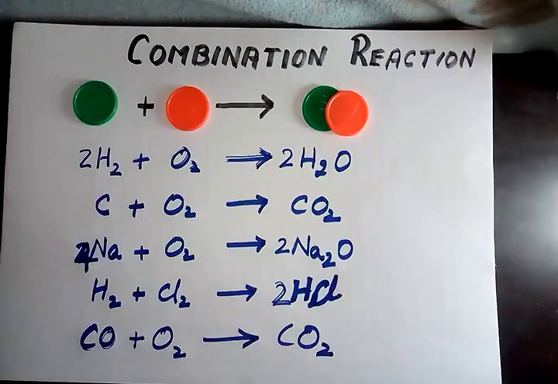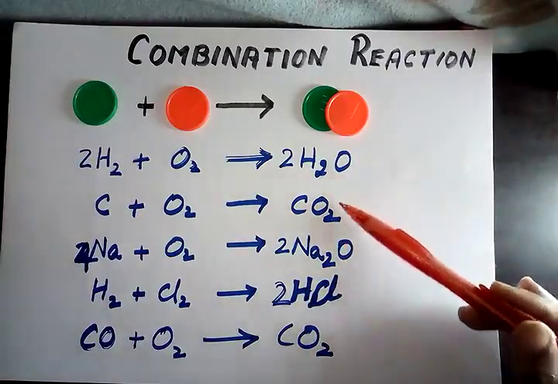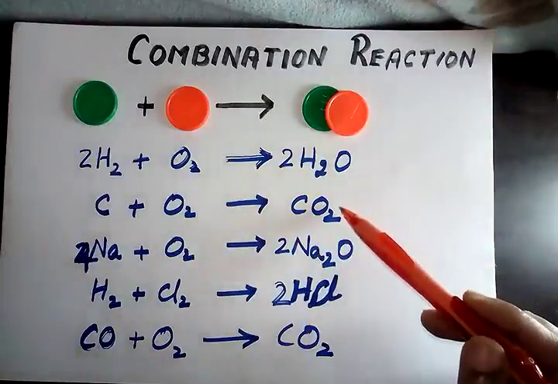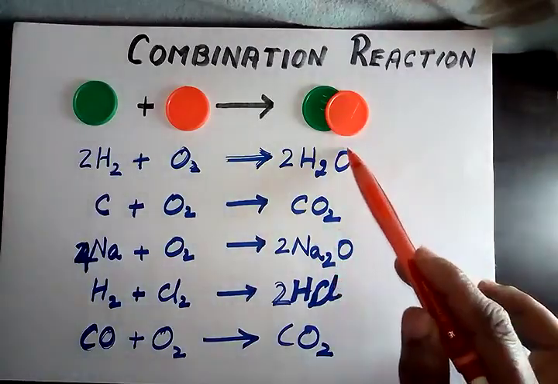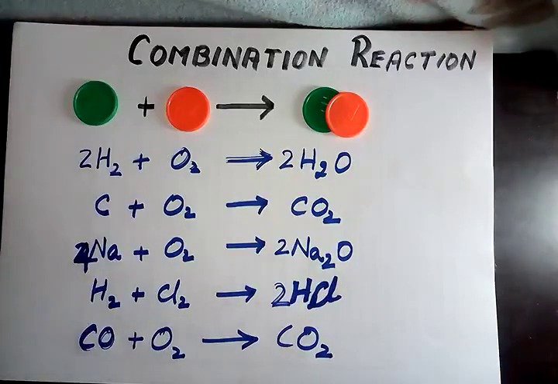So, why has this particular example been given? When we observe these examples over here, it is a synthesis from something which is new. Hence, a combination reaction in such a case can also be called a synthesis reaction. Whereas, in the last example, carbon monoxide reacts with oxygen to give carbon dioxide.